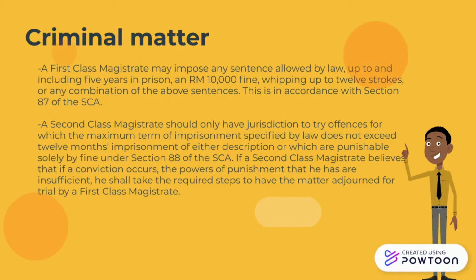If a second-class magistrate believes that, if a conviction occurs, the power of punishment that he has is inadequate, he should take the required steps to have the matter adjourned for trial by a first-class magistrate.